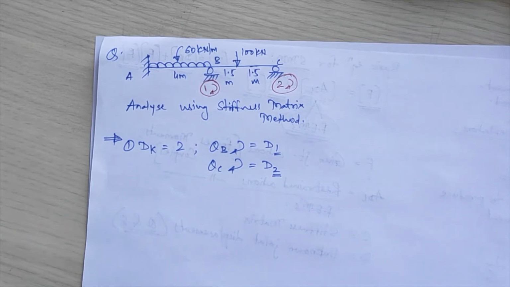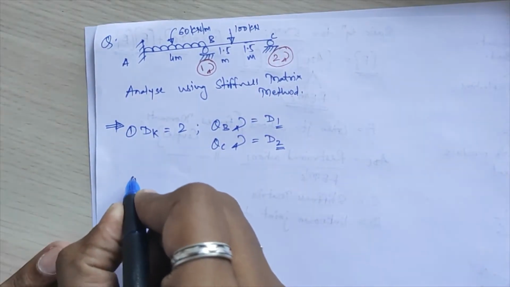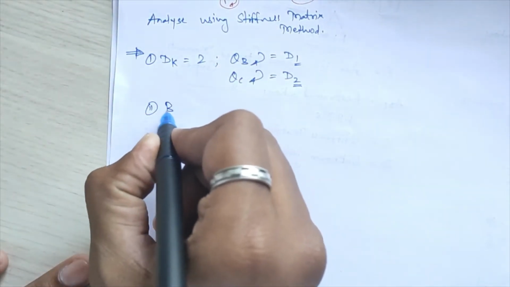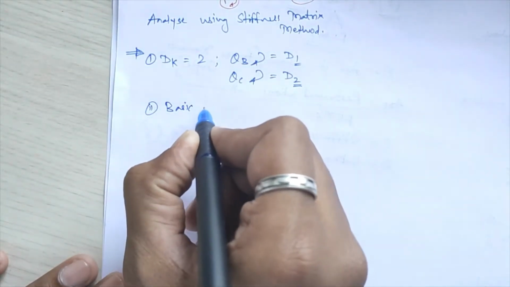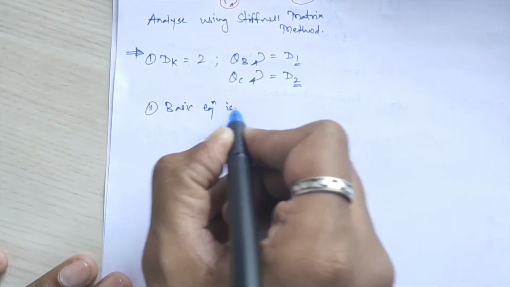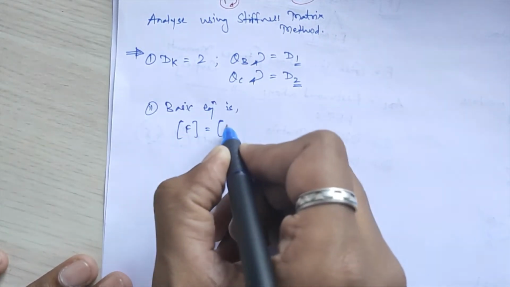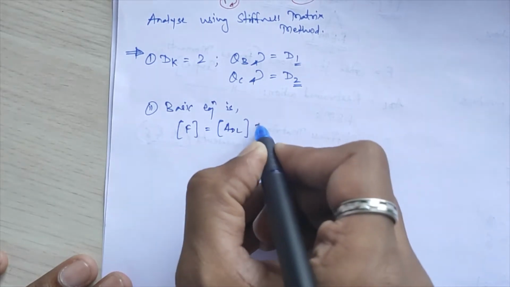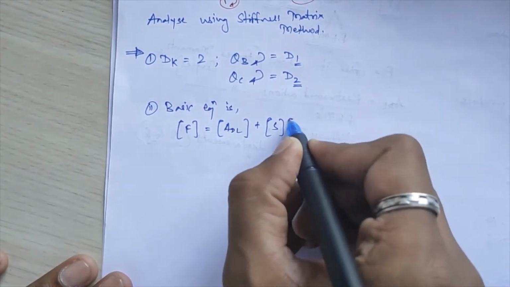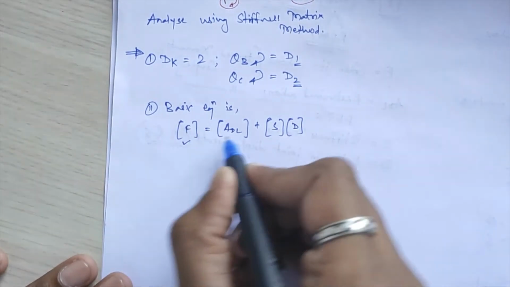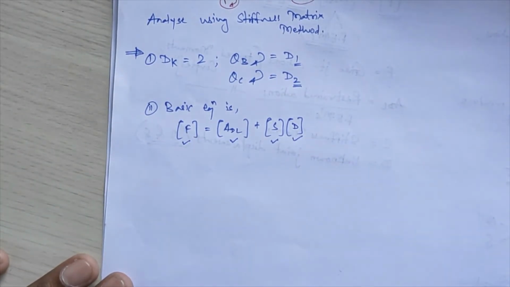Okay, now in second step I'll write my basic equation over here. Basic equation is, what we have, F is equal to ADL plus S into D. Okay, now what I'll do, I'll calculate all these values one by one here.